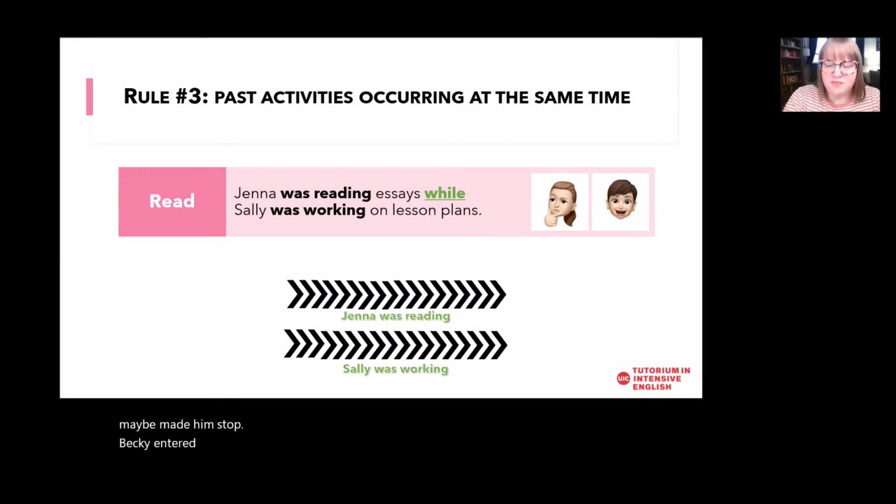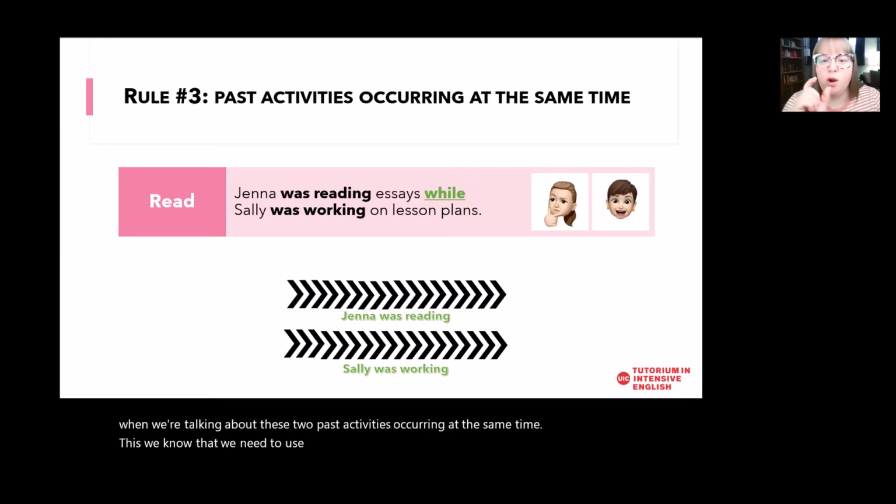Rule number 3. When we're talking about these two past activities occurring at the same time, we know that we need to use this when we see the word while. So while two things are happening, or three things or whatever, but things are occurring at the same time.